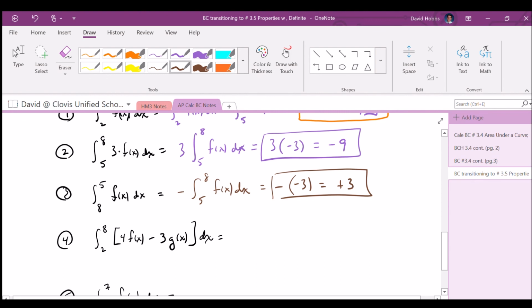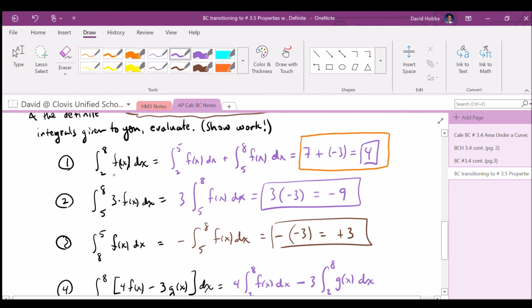Okay, this one, again, I'm showing you the really formal stuff here. So I could have 4 times the definite integral from 2 to 8 of f of x dx minus 3 times the definite integral from 2 to 8 of g of x dx. And 2 to 8, didn't we do 2 to 8 earlier? Yeah, 2 to 8 of f of x, that is 4.